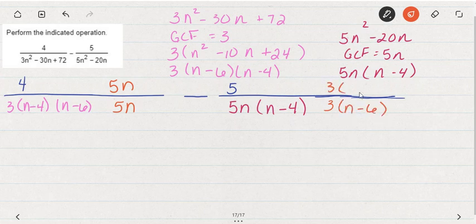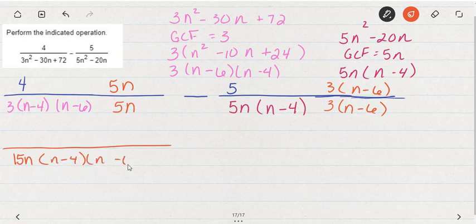Once it has a 3 and an n minus 6, it'll have everything that the first fraction has. So we have our common denominator. Our common denominator could be written more simplified as 15n, 5 times 3n, n minus 4, n minus 6.